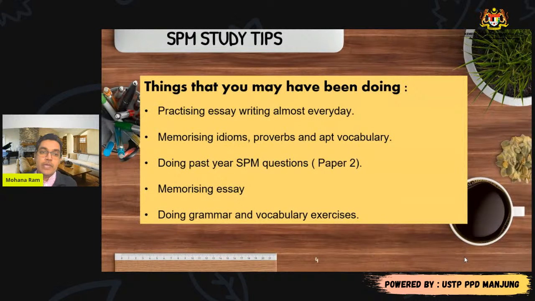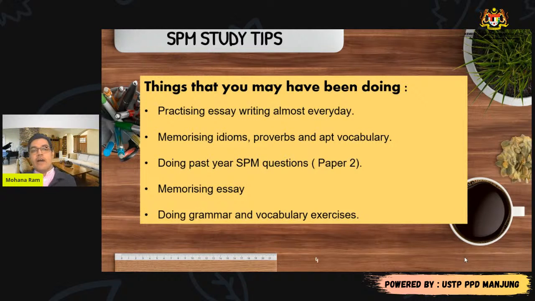However, the most common things that the students have been doing are these: practicing essay writing almost every day, memorizing idioms, proverbs, and apt vocabulary, doing past year SPM question papers, memorizing essays, and doing grammar and vocabulary exercises.